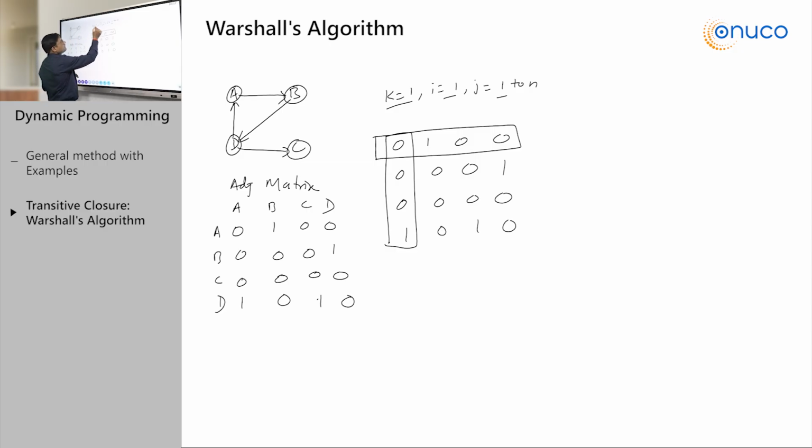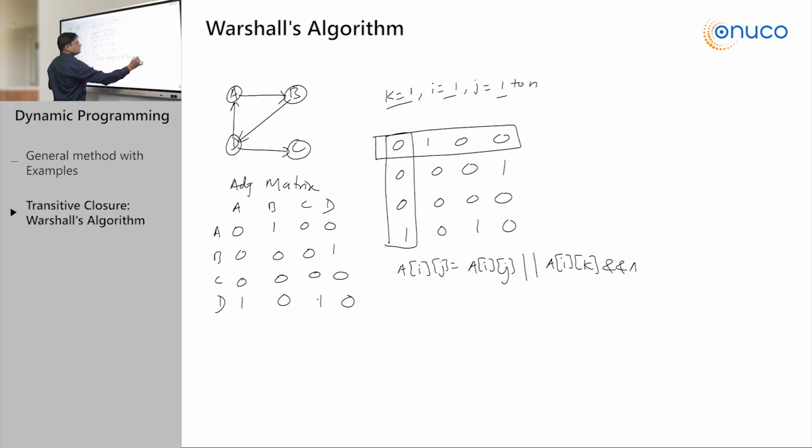So now let us see k is 1, i is 1, j is 1. What will happen? If you write it in a program, you write A of ij is equal to A of ij OR A of ik AND A of kj.